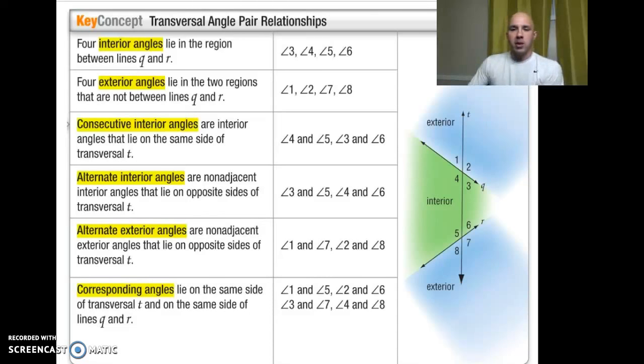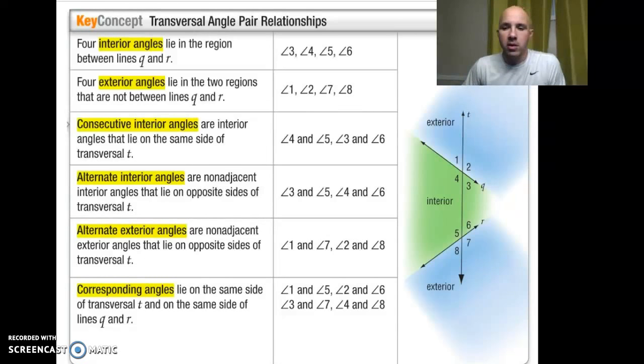You have a concept called alternate interior angles, which are 4 and 6. They alternate each other and they're on the inside. 5 and 3 are also alternate interior. The next term is alternate exterior angles.